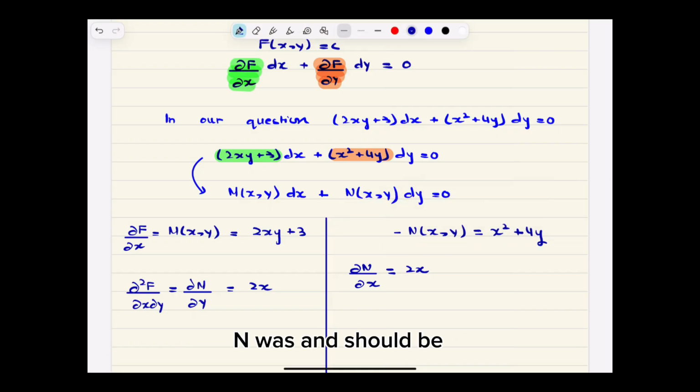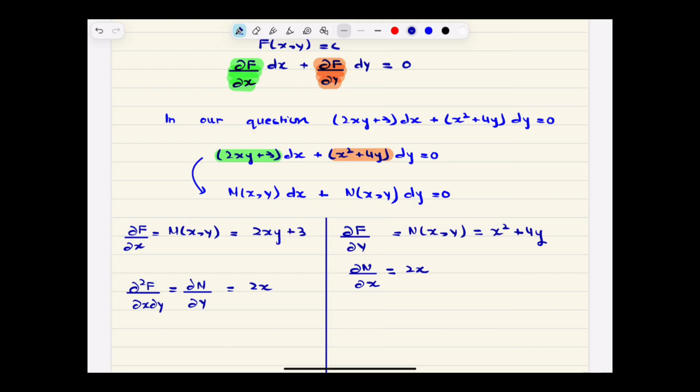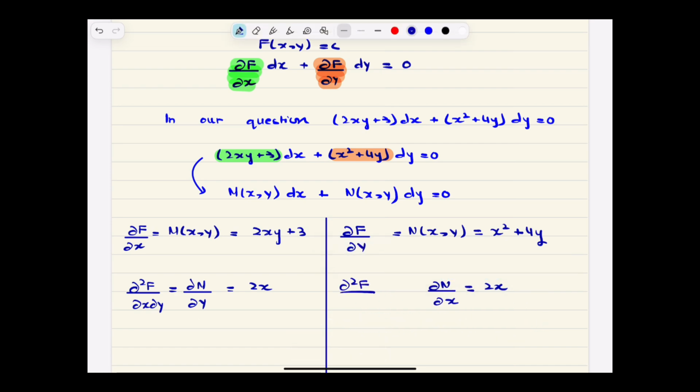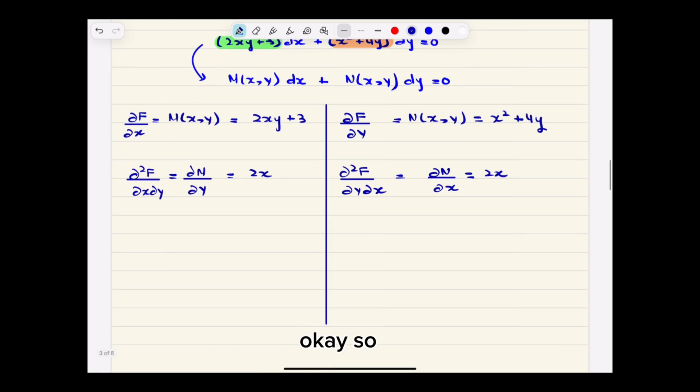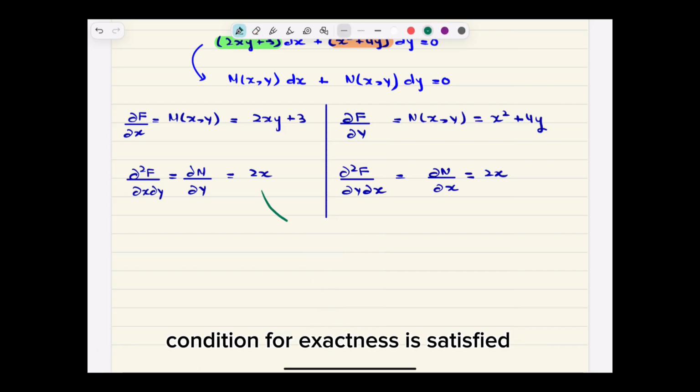N should be the partial derivative of our function that we want to find with respect to y. And therefore, this is simply the double derivative, but of y with respect to x. Okay, so what we want here is to mention that the condition for exactness is satisfied.